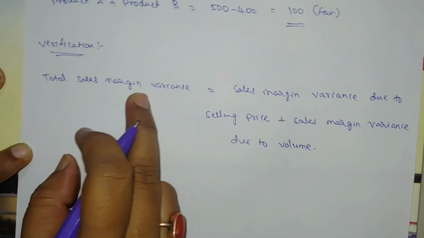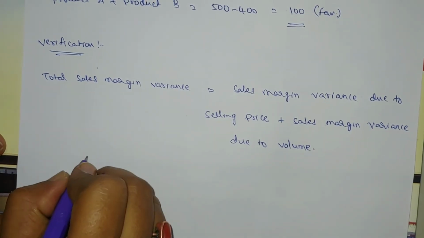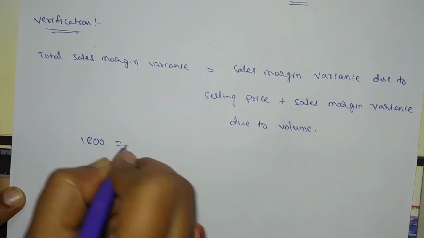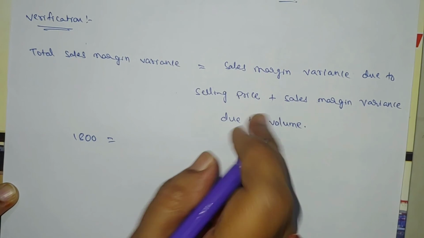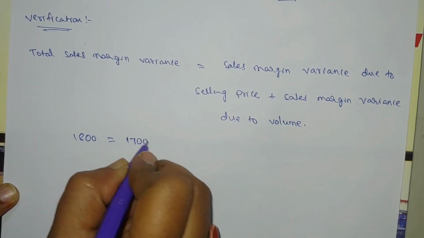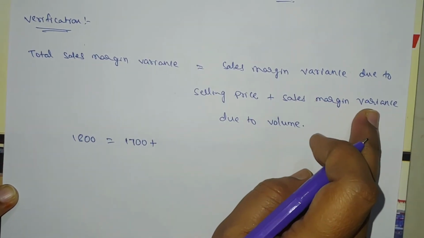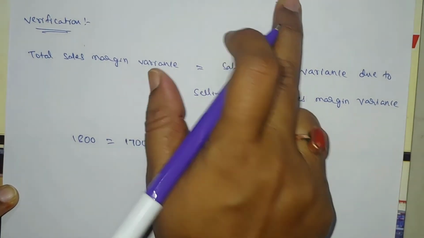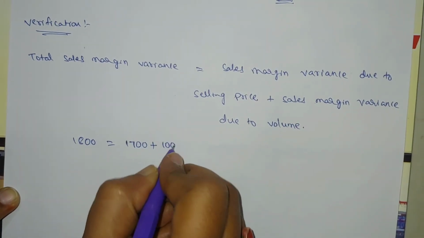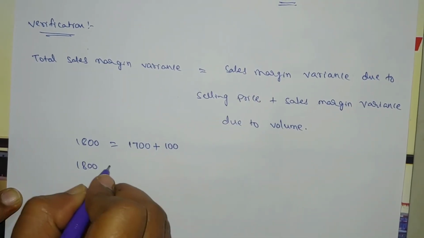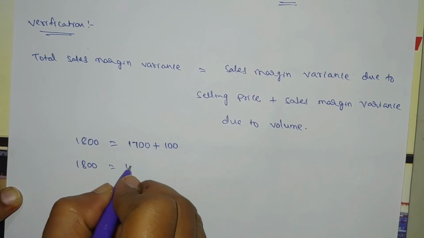In this problem, total sales margin variance is equal to 1800, equal to sales margin variance due to selling price 1700, plus sales margin variance due to volume 100 rupees. Therefore 1800 is equal to 1700 plus 100, equal to 1800.